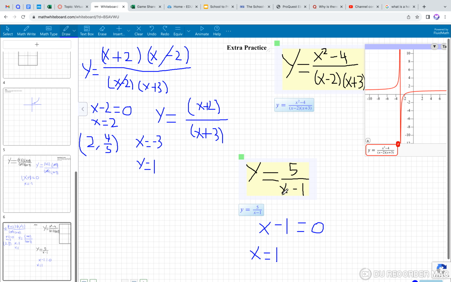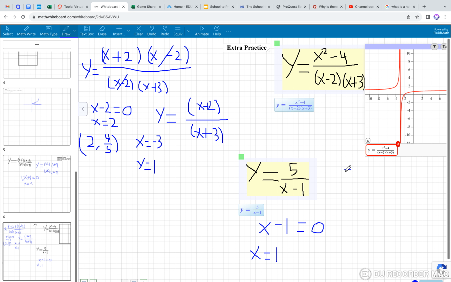And now horizontal asymptotes. In this one, actually, the degree in the bottom, or the denominator, is greater than the degree up top. If you can remember what that means, but even if you can't remember, let's try plugging in a really large value to see what happens as x goes to infinity.